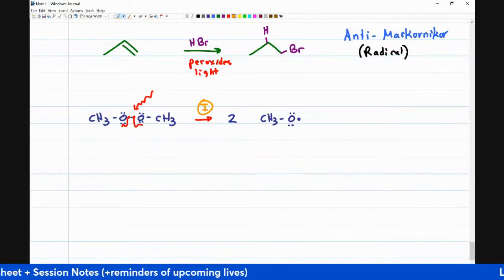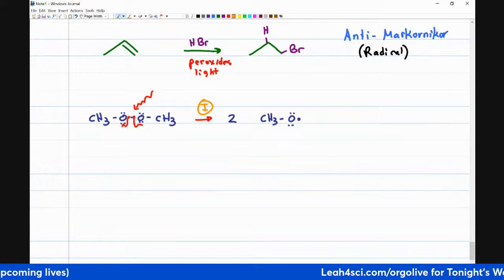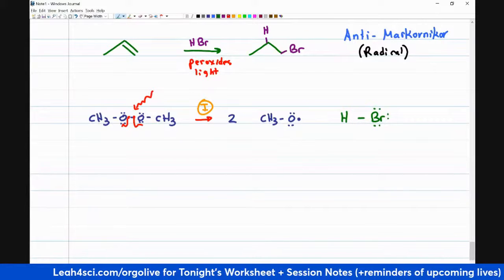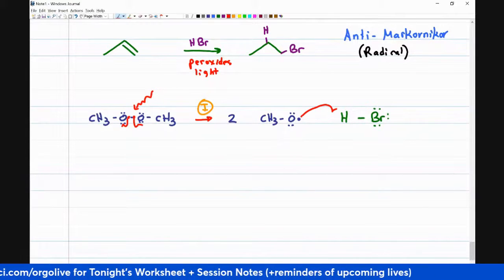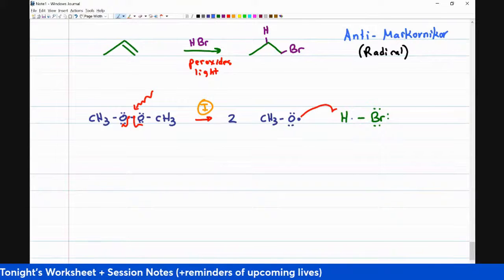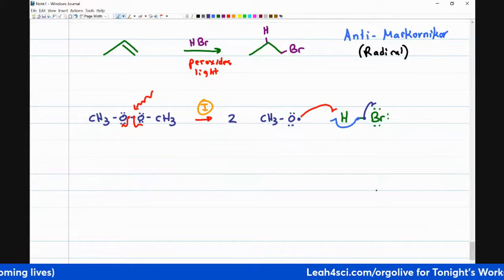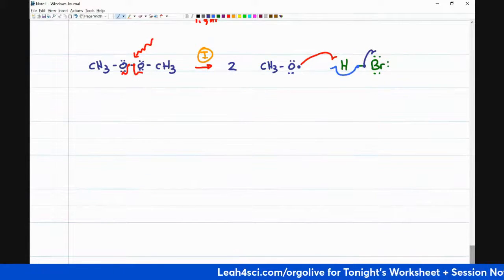And now that I have a radical, the radical is going to attack my HBr. So let's show the HBr over here, hanging out in solution, minding its own business, when the radical comes along and says, hey, I need a partner. And hydrogen is forced to donate an electron so it can form a bond, which makes the bromine keep that leftover radical and break away in solution.